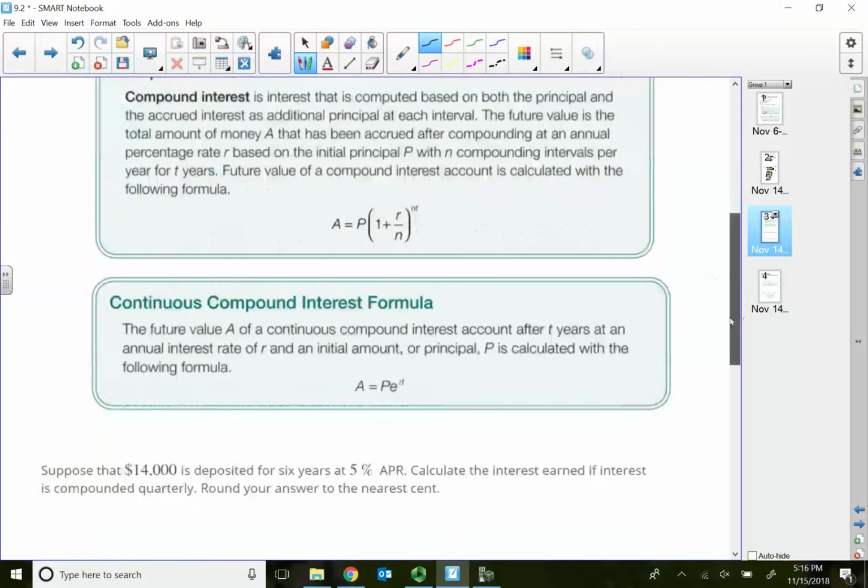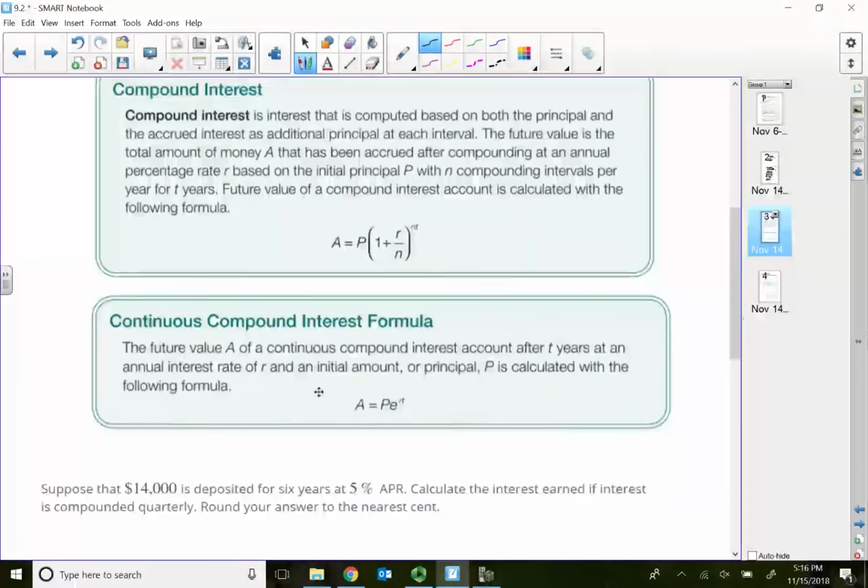Now, I'm not going to do any problem regarding the continuous compound interest formula. Basically, the continuous compound interest formula refers to the future value A, how much money is in your account, being continuously compounded.